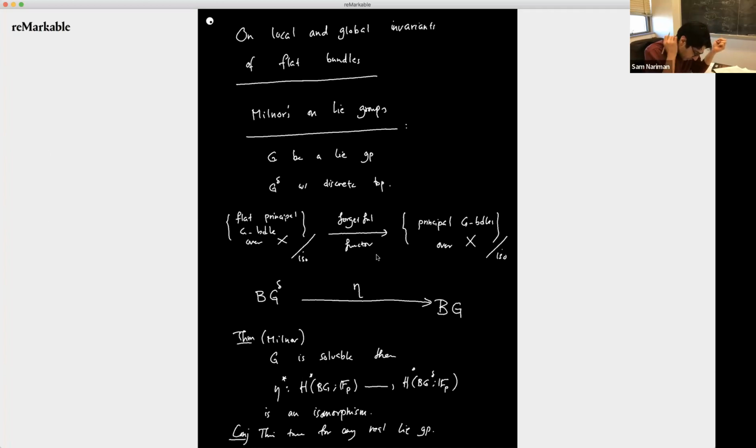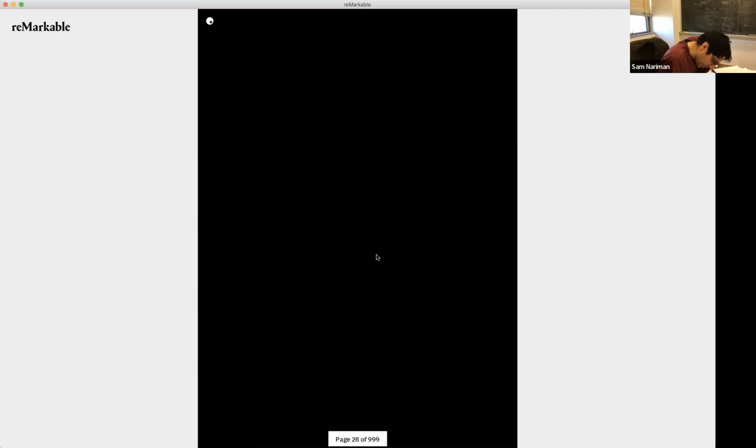Okay, so you see, there is this finite field coefficient phenomenon, but when you go to characteristic 0, this was observed by Milnor that, let's say G is compact.